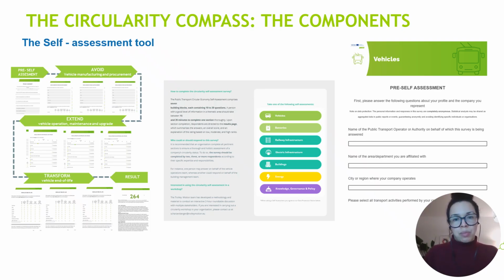So you can, for example, assign different modules to different team members. You can decide which ones are relevant to your organization. So, for example, if you have buses, the railway component is really not relevant for you. So this really makes it easy to get a diagnosis, and yeah, it could be a collaborative diagnosis.